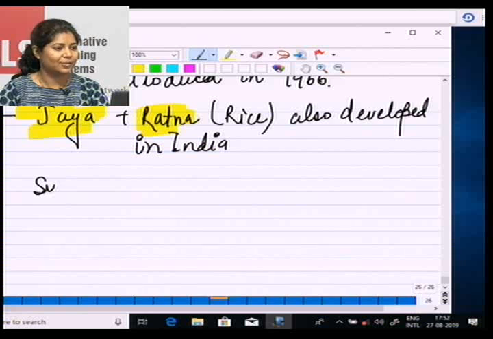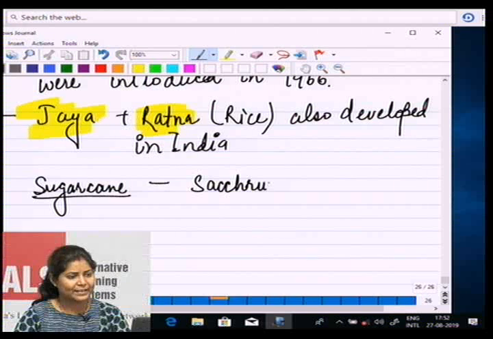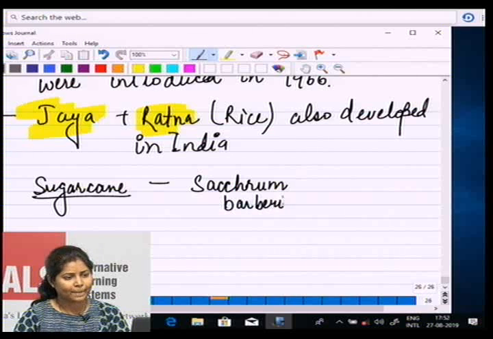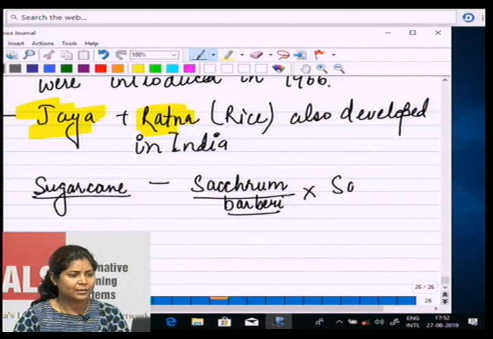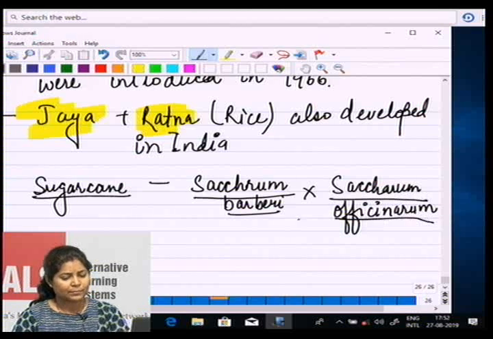See, the UP Maharashtra story was a story. What we have done is that we are crossing 2 varieties, Saccharum barberi, which is a species, and Saccharum officinarum. And after crossing both of them, what do we get?